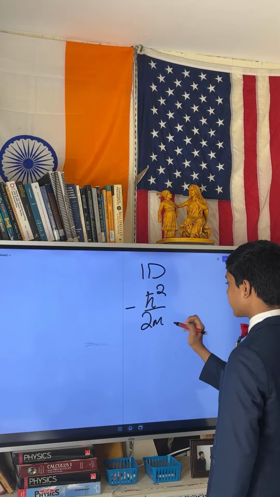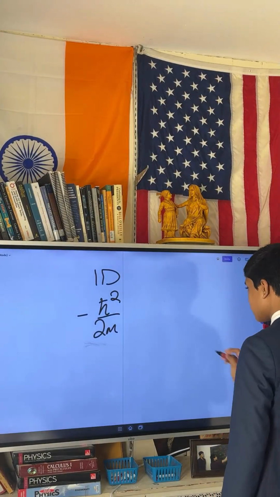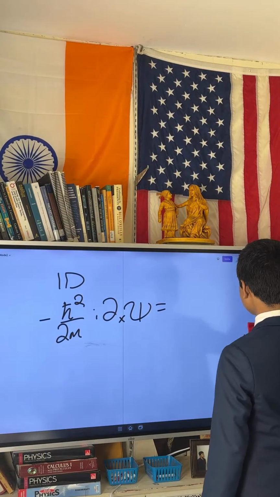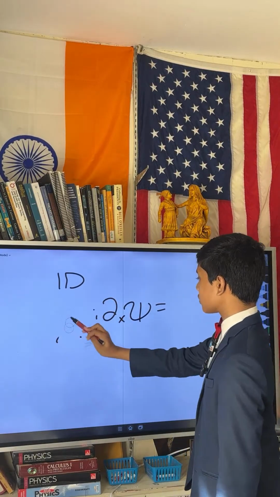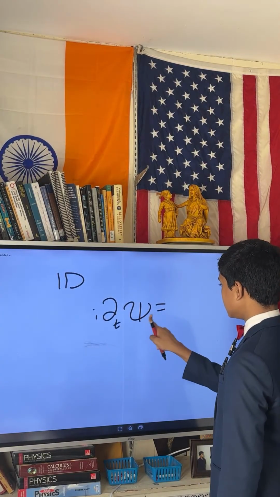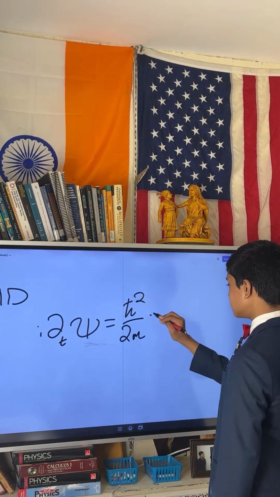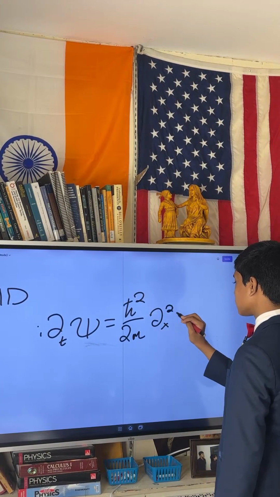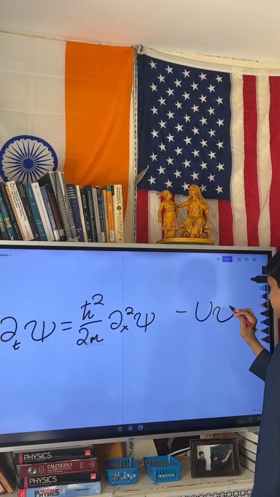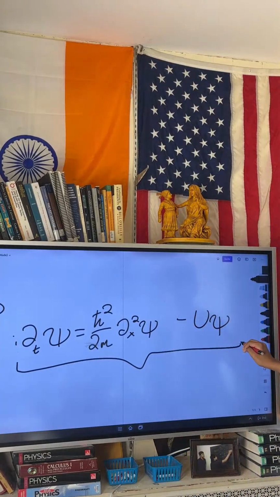Mine is h bar squared over 2m partial x, I partial x t psi is equal to h bar squared over 2m partial x squared of psi minus u psi. This thing haunts our dreams at this point.